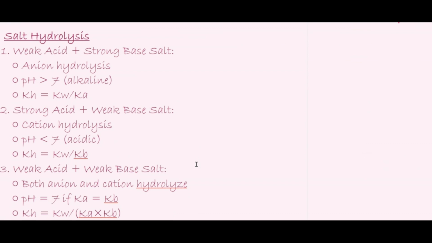The next topic is salt hydrolysis. What is salt? Salt is neither acidic nor basic; it's a neutral thing. So how do we do hydrolysis? Hydrolysis means separation; lysis means cutting. Hydrolysis means water is separating it. A salt can be formed by a weak acid plus a strong base.